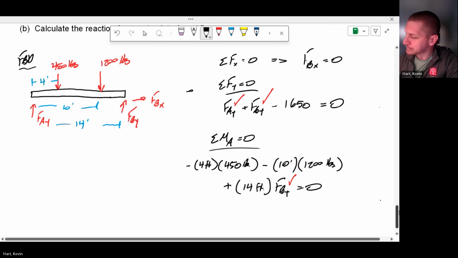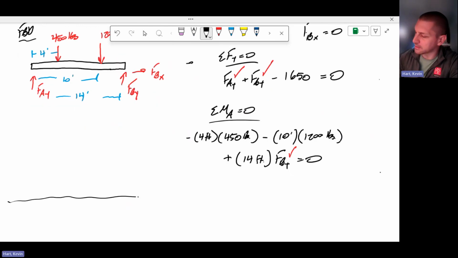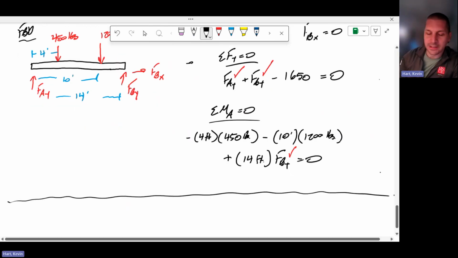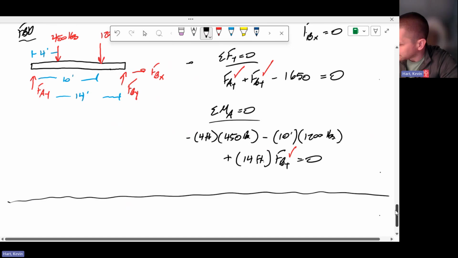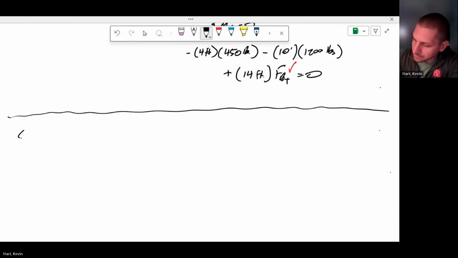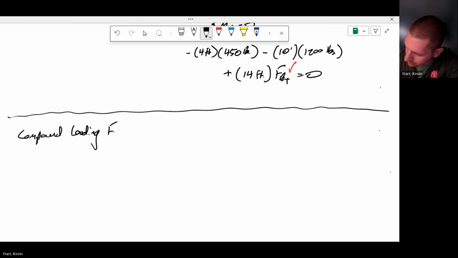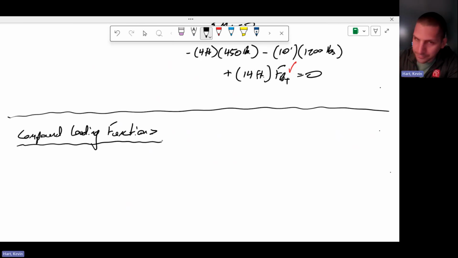All right. Last thing to discuss before we close out this lecture is what to do with more complicated loading situations. And what I mean by more complicated loading situations is actually something we will call compound loading situations. So let's look at compound loading functions. All right.